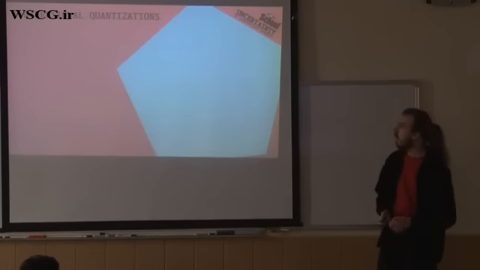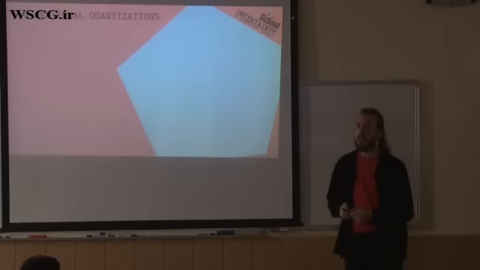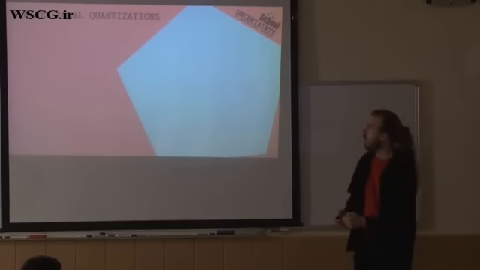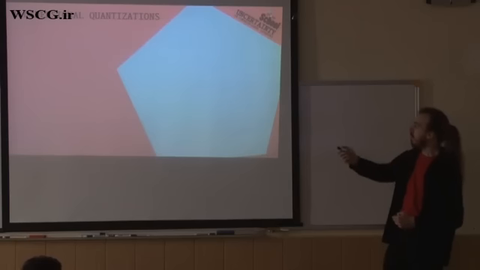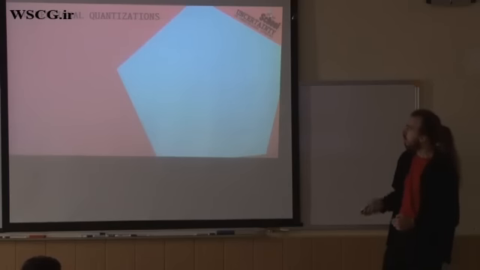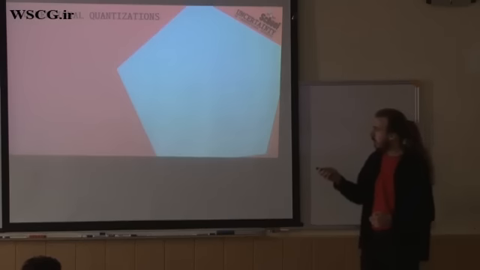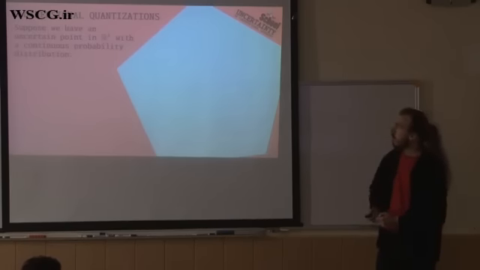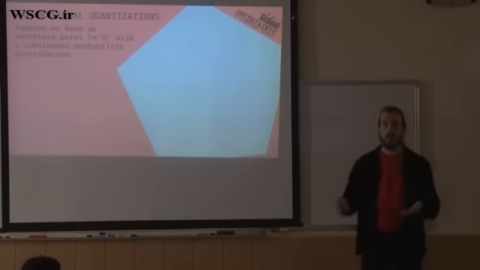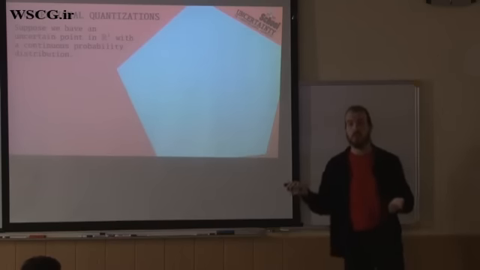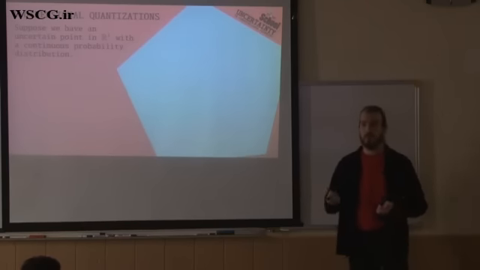Well, there's a very useful concept for this, which is called quantization, epsilon quantization. And I first talk about the one-dimensional version of this to get the concept across. So suppose we have an uncertain point in one-dimensional space, and we have some continuous probability distribution on this point.